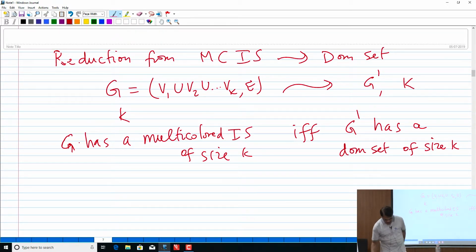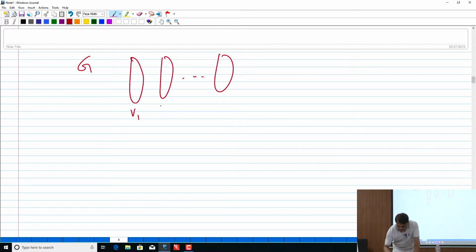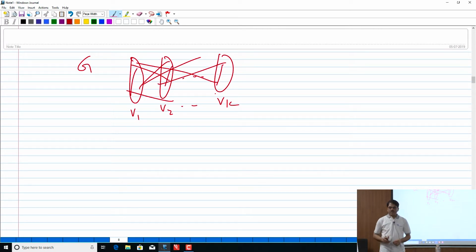So, the construction will go like this. I will take a new page here. So, my G has k different parts, and there are all kinds of edges here, right. This is how G looks. I am looking for a k size independent set. My G prime will look like the following.